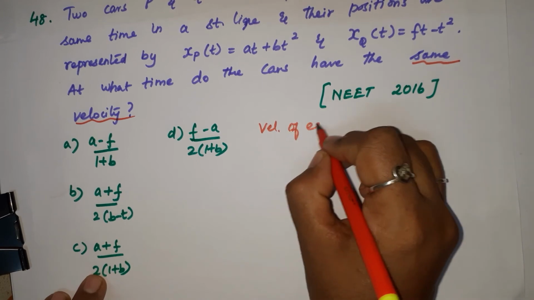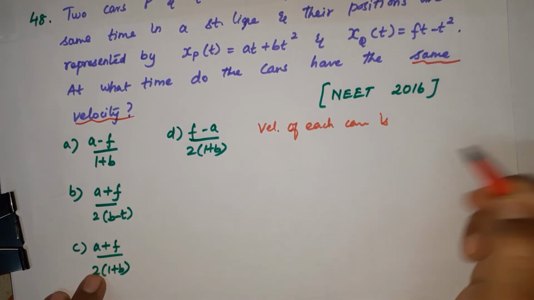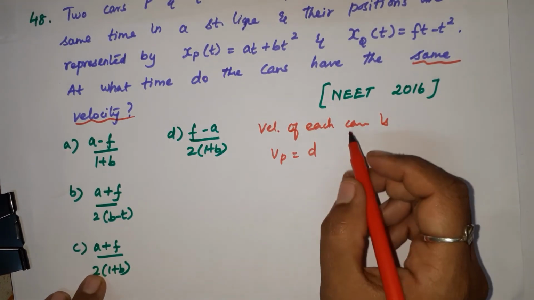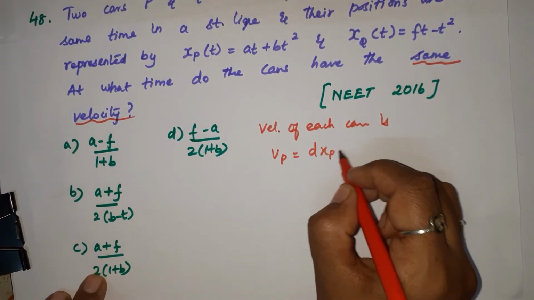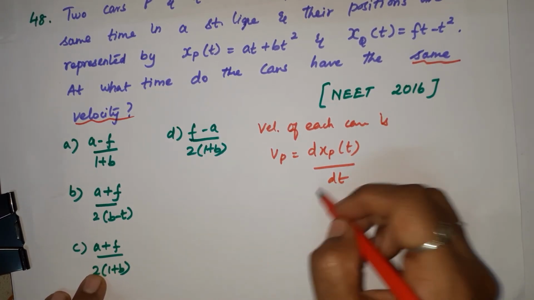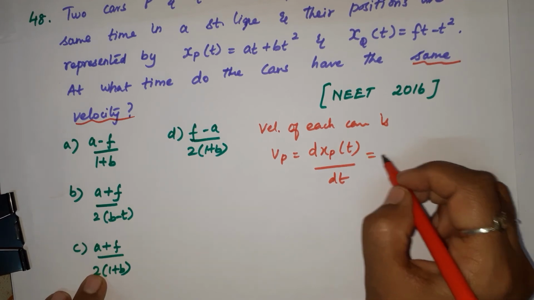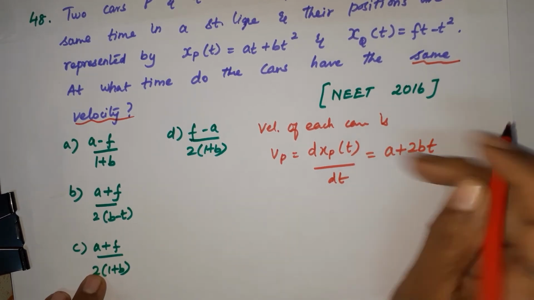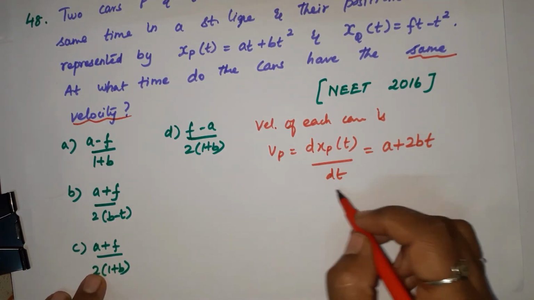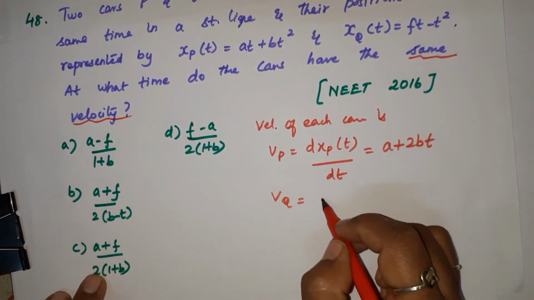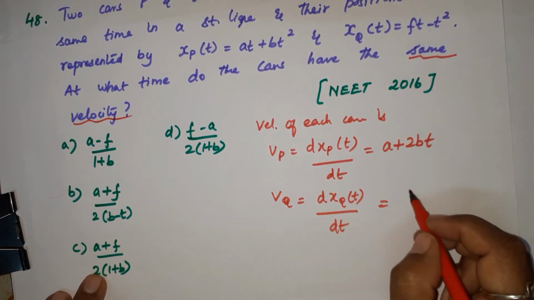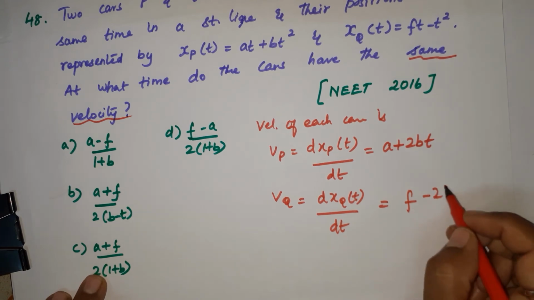You are going to find at what time the cars have the same velocity. The velocity of each car: vp equals dxp by dt, which gives a plus 2bt. Next, vq equals dxq by dt, which is f minus 2t.